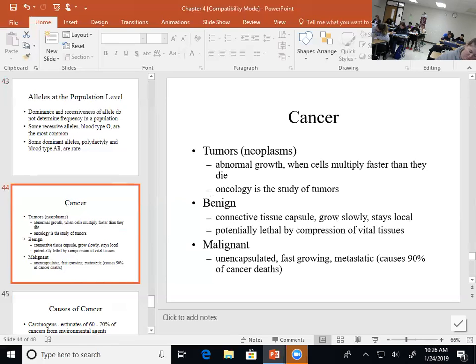Y'all have heard that? So metastatic cancer refers to cancers that have moved past their origin. No one would die from breast cancer if it just stayed in the breast, would they? No one would die from colon cancer if it just stayed in the colon, right?